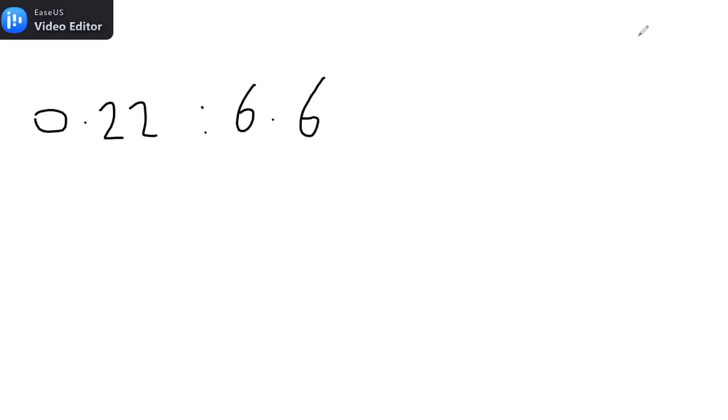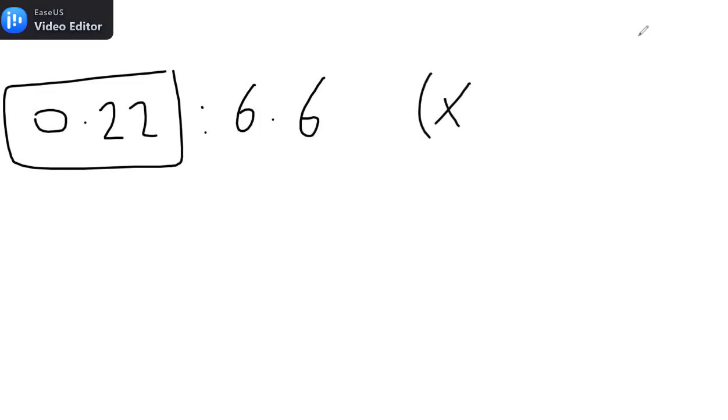Again, one of these two numbers is in the form of a decimal fraction, and we need to convert this ratio into a ratio between whole numbers. How? Multiply by 100, because we know before that multiplying a decimal by 100 will move the point 2 digits to the right and make this number a whole number.